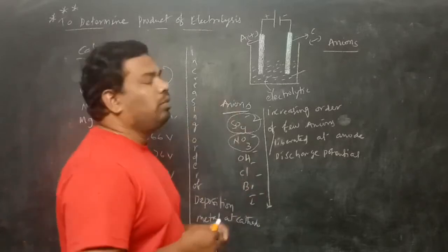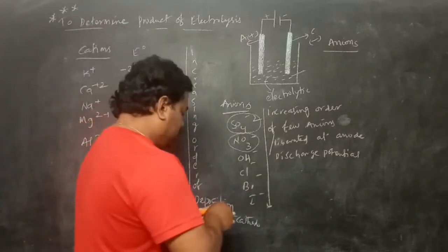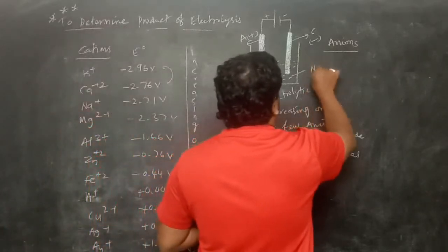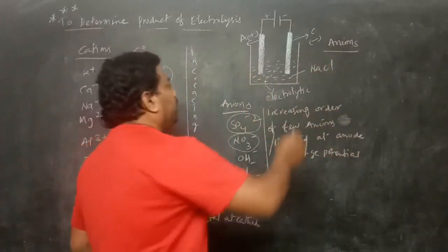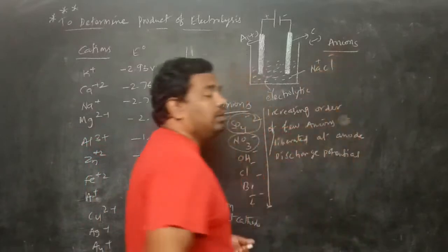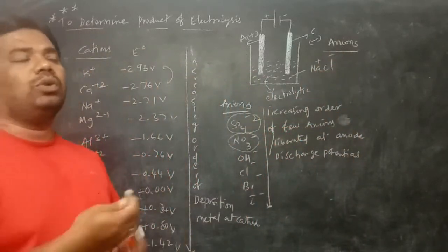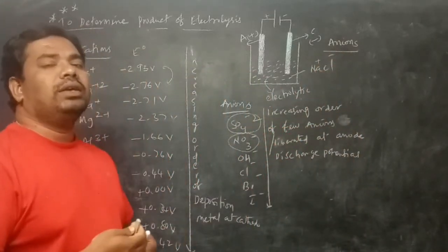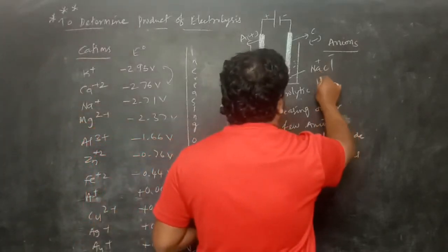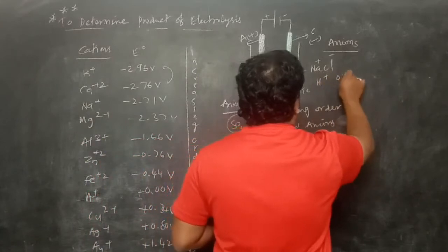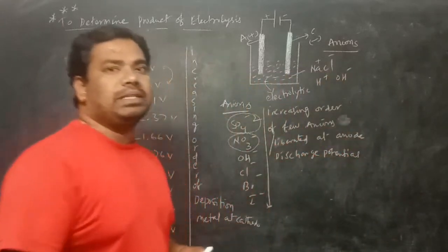For example, we will take an electrolytic solution of sodium chloride. Here we have Na+ and Cl-, and when sodium chloride is dissolved in water it forms an aqueous solution. This solution has H+ and OH- and Na+ and Cl-.